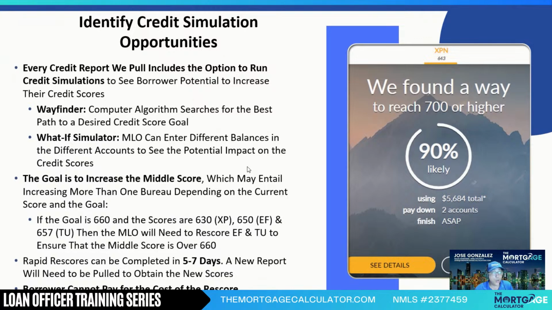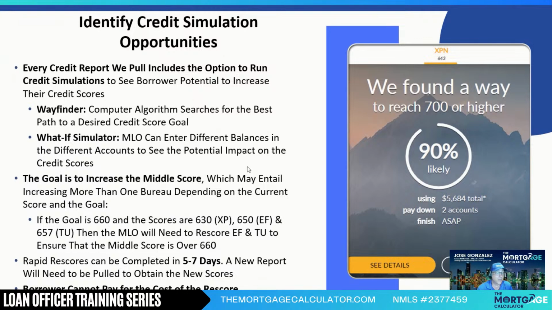So the goal of the credit simulation is to increase the middle score. Now, I got to say that because when you're looking to increase one score, you want to make sure that whatever score you increase, when it gets to whatever number it's getting, that is numerically the middle score. So, for example, like in the bullet point I have there, if the goal is 660 and the scores are Experian with a 630, Equifax with a 650, and TransUnion with a 657, then the MLO is going to need to rescore 2 of the accounts.